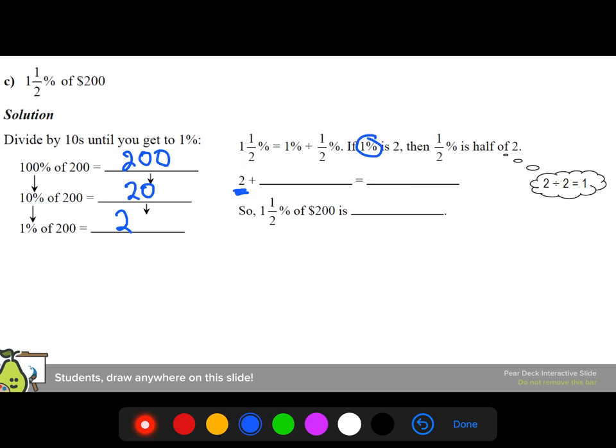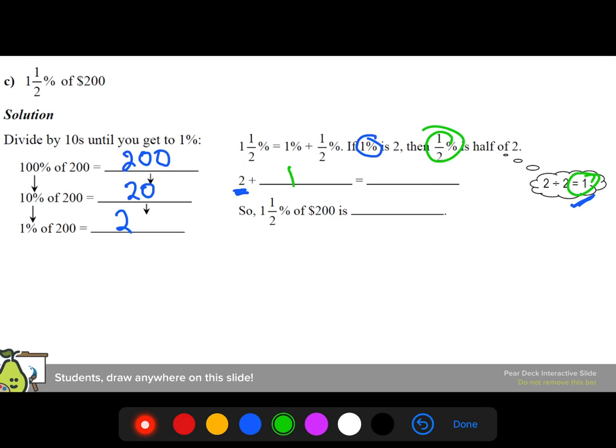So that means we're going to take our answer of 2 and divide that in half as well. So 2 divided by 2 is equal to 1, as shown here. So if 1% is 2, then 0.5% is 1.